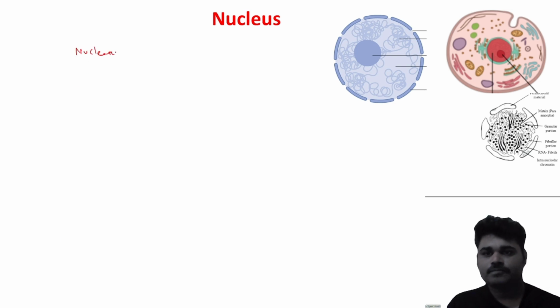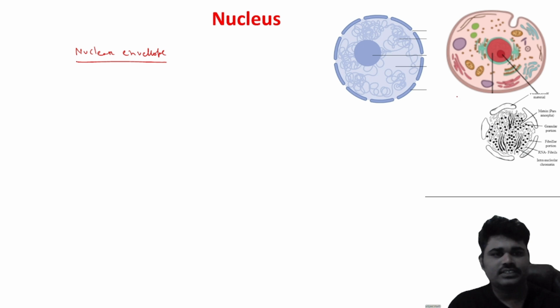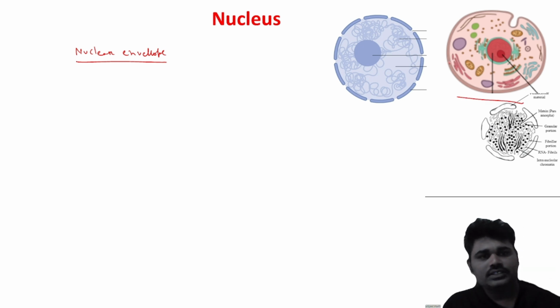Nuclear envelope. What is called the nuclear envelope? It is simply like the plasma membrane or the cell membrane. Look at the structure. This is the cell. It is confined by a border-like structure, and that is called the plasma membrane or the cell membrane.